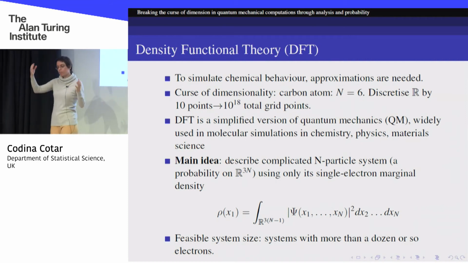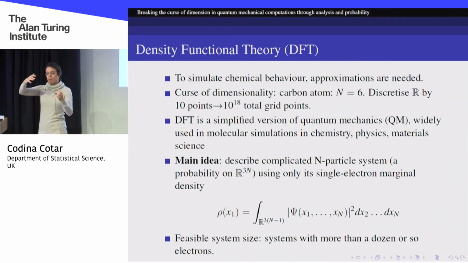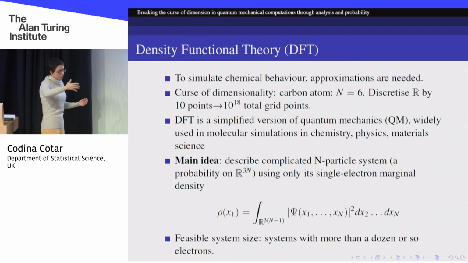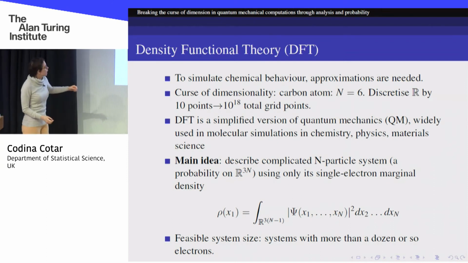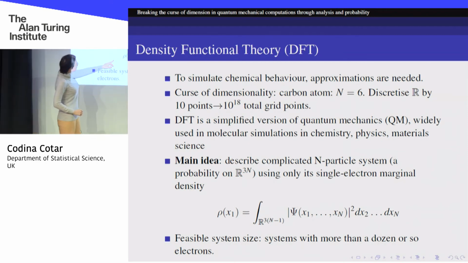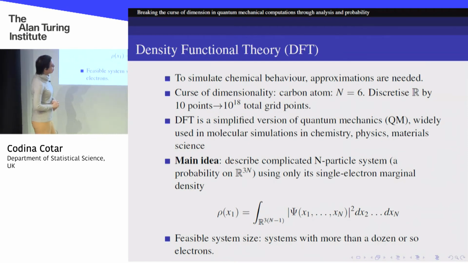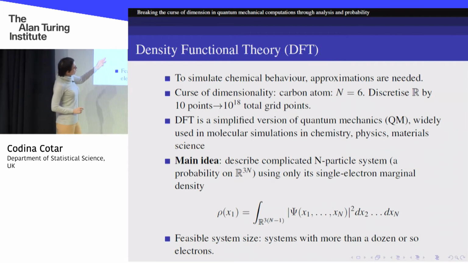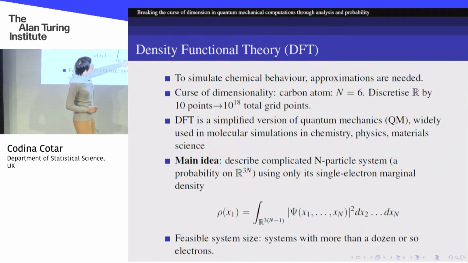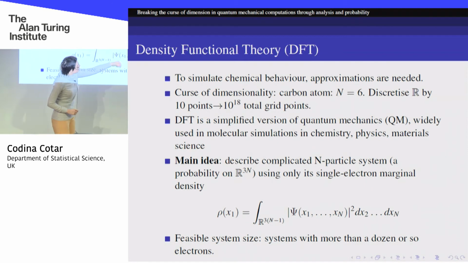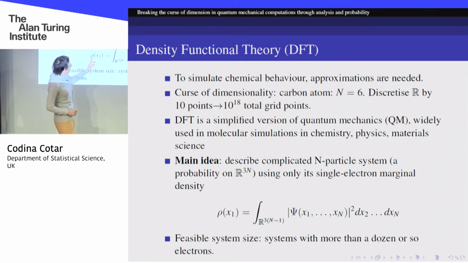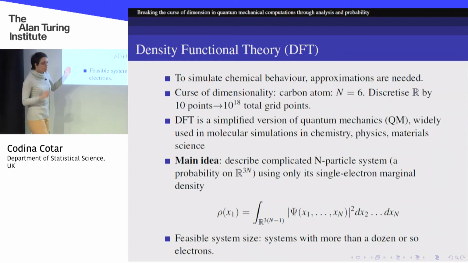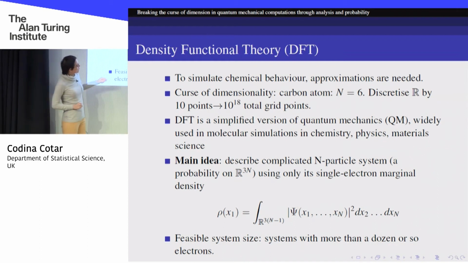Each electron has a probability that it will be at some particular point in space at any given time. That density is called rho. And you can find it if I take the wave function, take its absolute value squared, and integrate it with respect to all its variables apart from one, that gives me the single particle density.